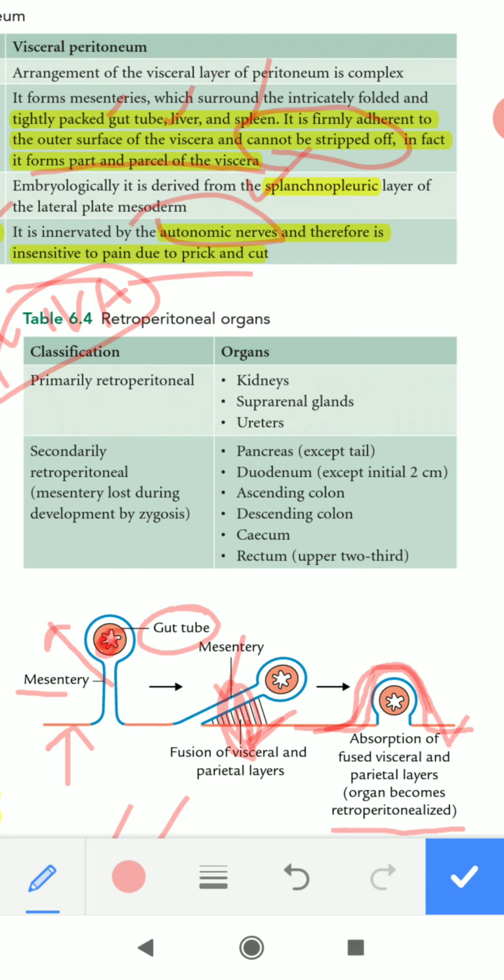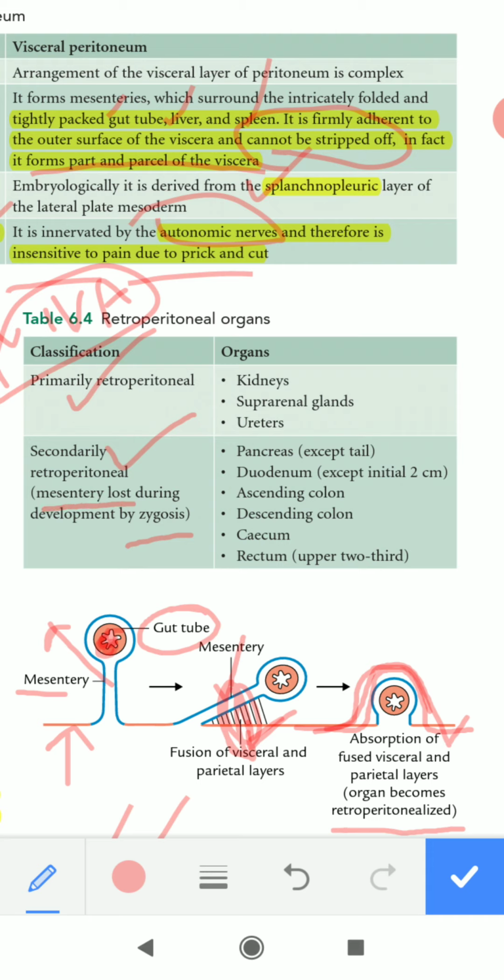So we have to know what the retroperitoneal organs are, or what organs are fixed and immobile in the abdomen. We can classify them into two ways: primarily retroperitoneal and secondary retroperitoneal. Secondary retroperitoneal means those organs which are at first intraperitoneal, but by the process of zygosis they lost their mesentery or peritoneum.